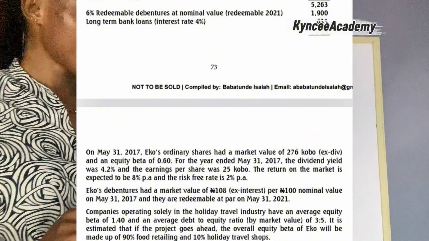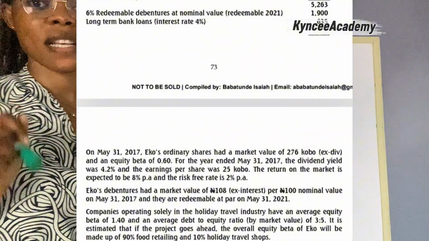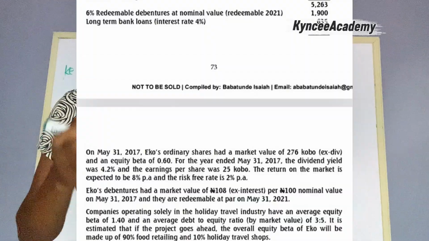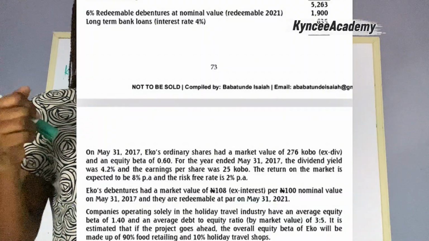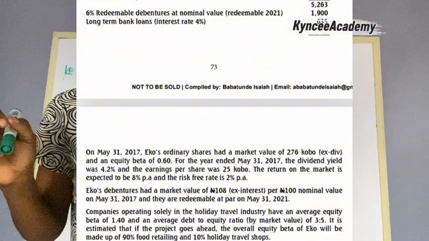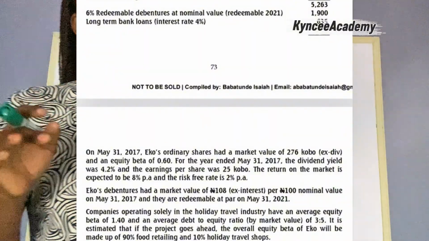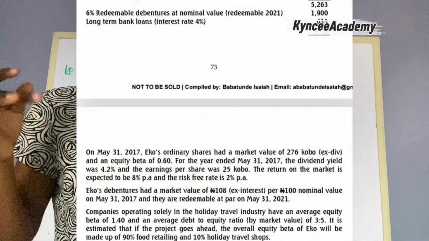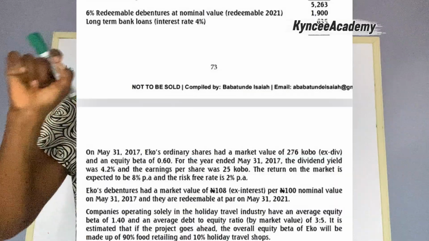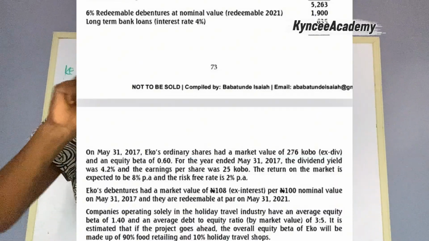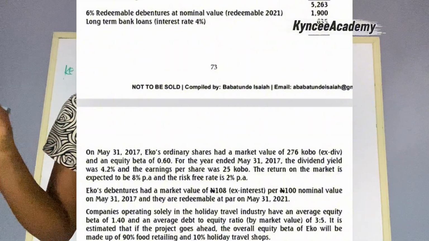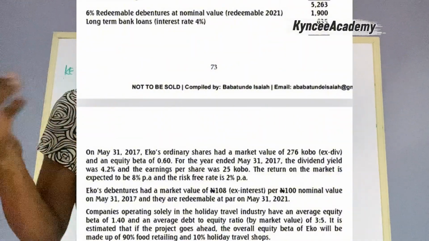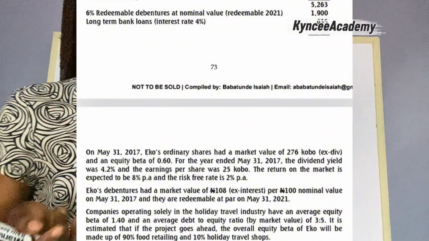It said on May 31st, 2017, Eco ordinary share had a market value of 276 kobo SD. You see, SD. If it is school div, they will tell you, and you are going to do your computation so that you deduct dividend and get your SD. But this one, they gave us SD, so we are going to use it like that.